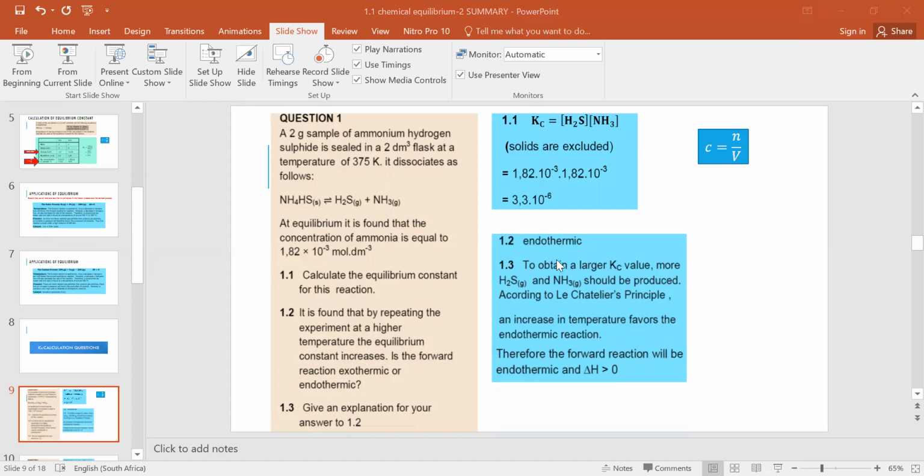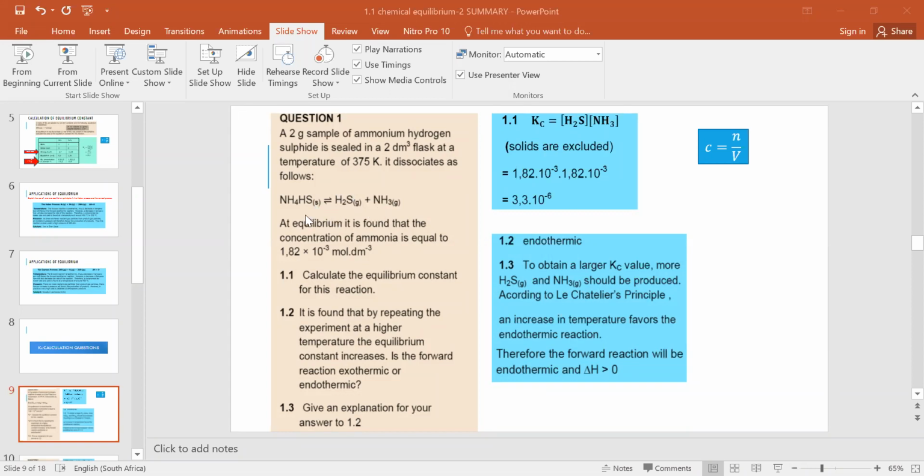Why are the concentrations equal? Okay, because imagine that you put 2 grams here into the container, okay? Why are the concentrations of H2S and NH3 equal? Because you put 2 grams of NH4HS. So initially how much H2S and NH3 do we have? 0 and 0. So how much NH3 is produced is going to give us the number of moles of NH3 at equilibrium, isn't it?